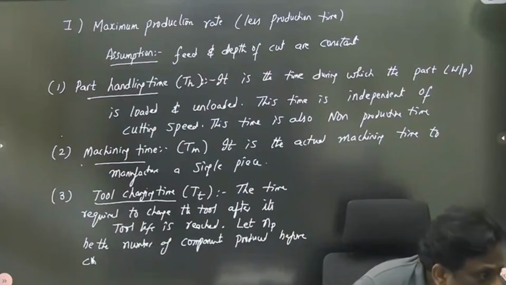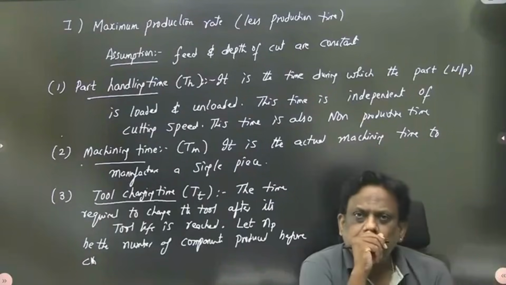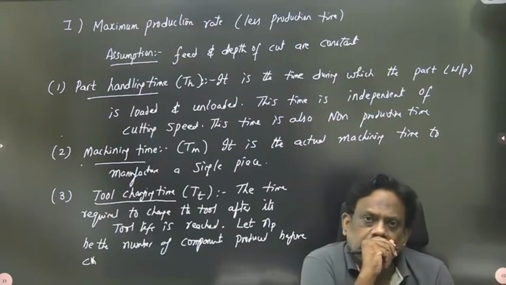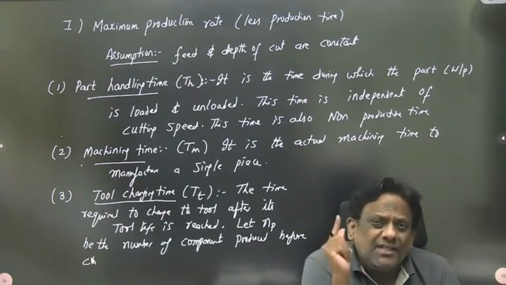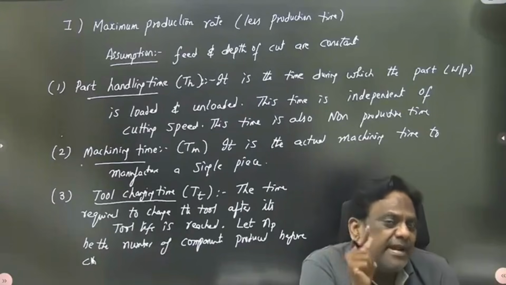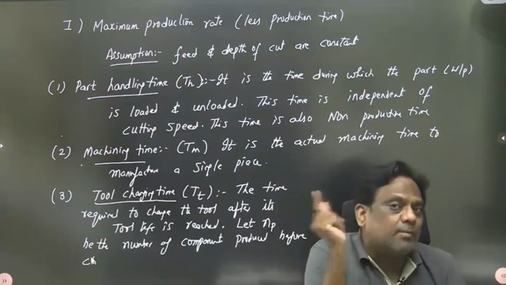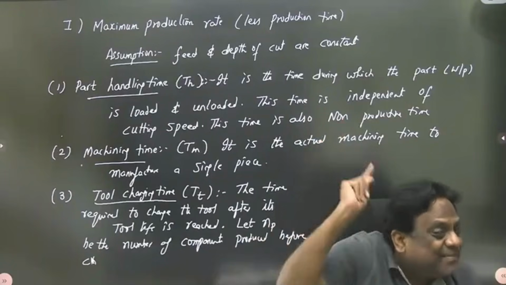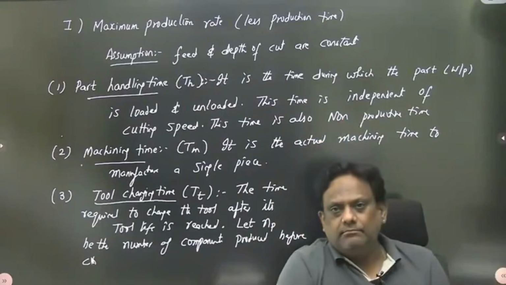changing. Sir, why not tool changing time is also included in non-production time? The tool changing time is dependent on the number of pieces you are manufacturing, and the number of pieces that you are manufacturing in turn depends on the velocity of cutting.